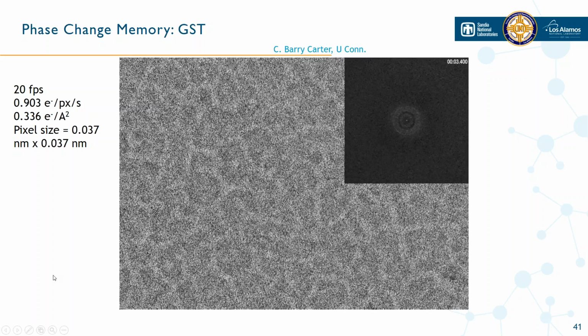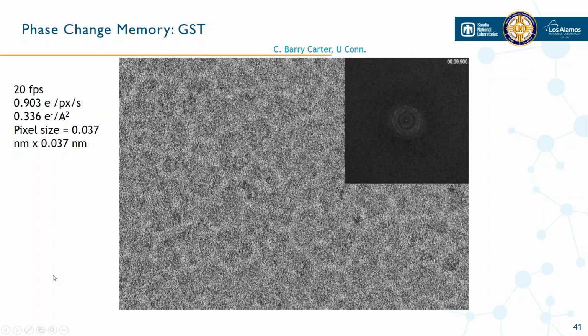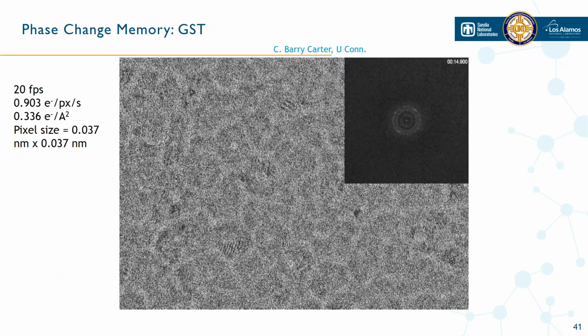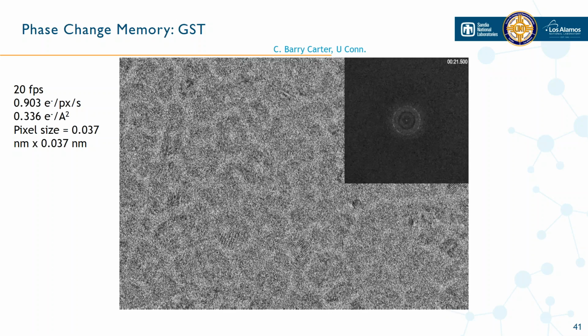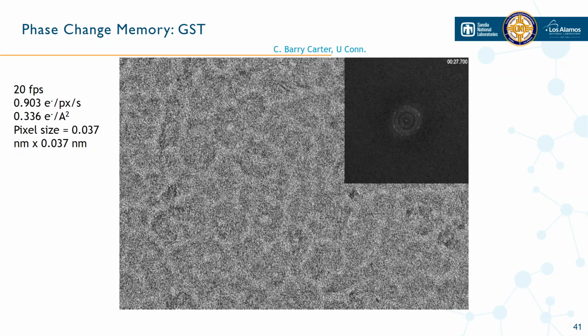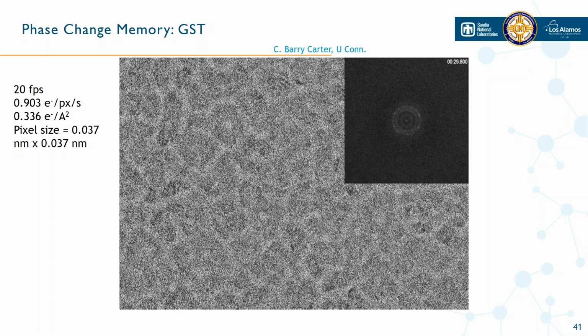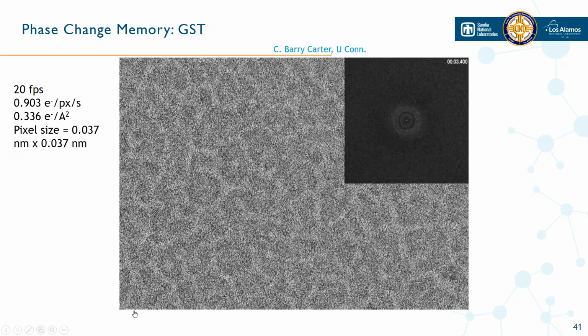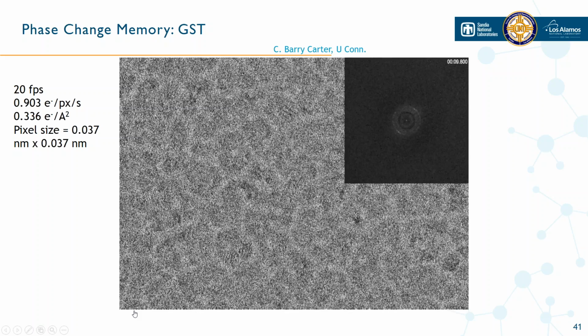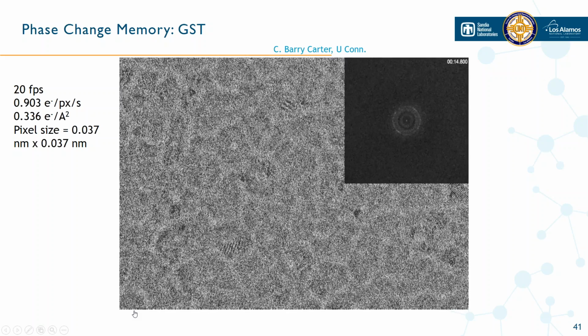All right, next we have work from Barry Carter's postdocs who were looking at phase change memory materials. And so this is trying to understand the transition between crystalline and amorphous of these structures with heat. And so this was using the Protochips Aduro heating holder.